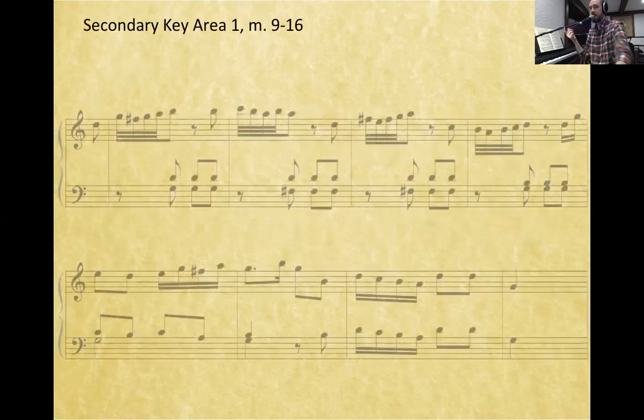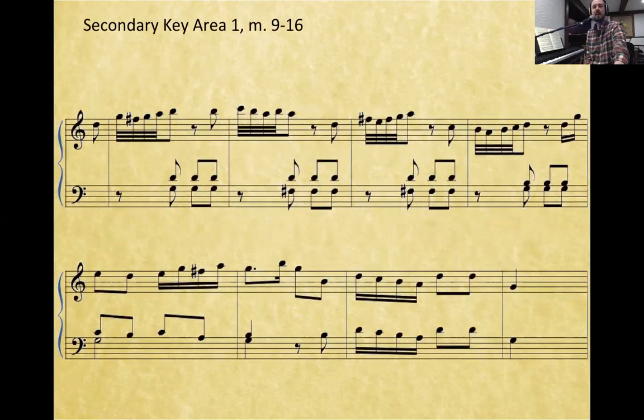And what we're going to find in this one, and hopefully you heard this when you listened to it, is that there are really 2 secondary key areas in this piece. I would say that having either 2 or 3 secondary key areas is by far the most common approach. So 2 is often the case, but 3 is the textbook example. So you should be on the lookout for 3, but be okay with 2.